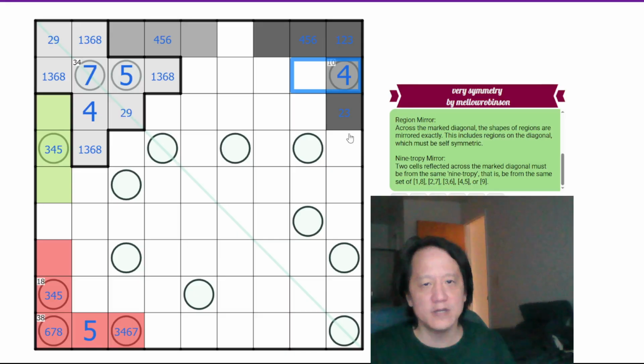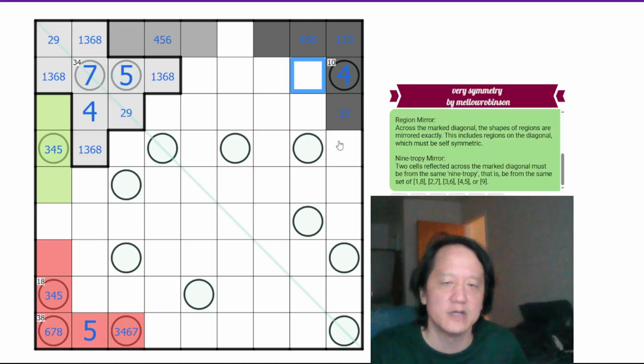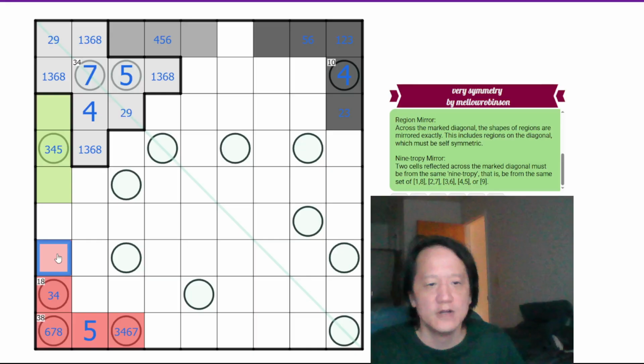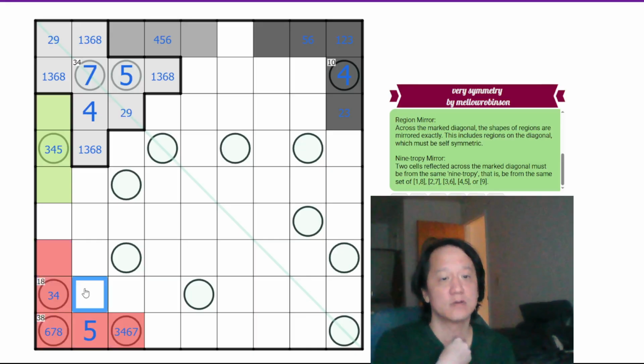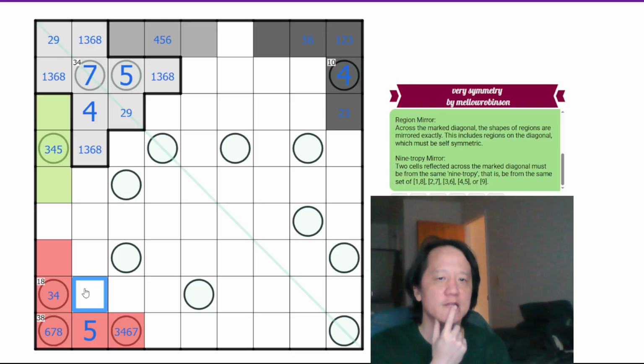And it could be here, or it could be here that it sees, and that's what I forgot. It could have actually been here. 4 eliminates 4 here, so this can't be 5. This sees 3 or 4, so it could be seeing the same digit there. Maybe we can run into a contradiction there, though.